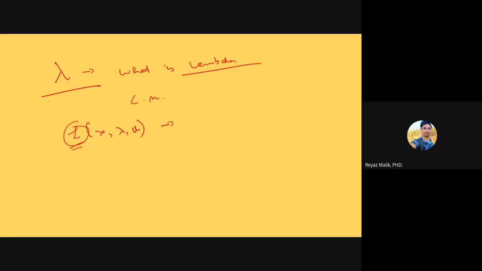For example, we have a function f, f prime, or f prime c. Then that is lambda times lambda star c. What is lambda star? The derived value.